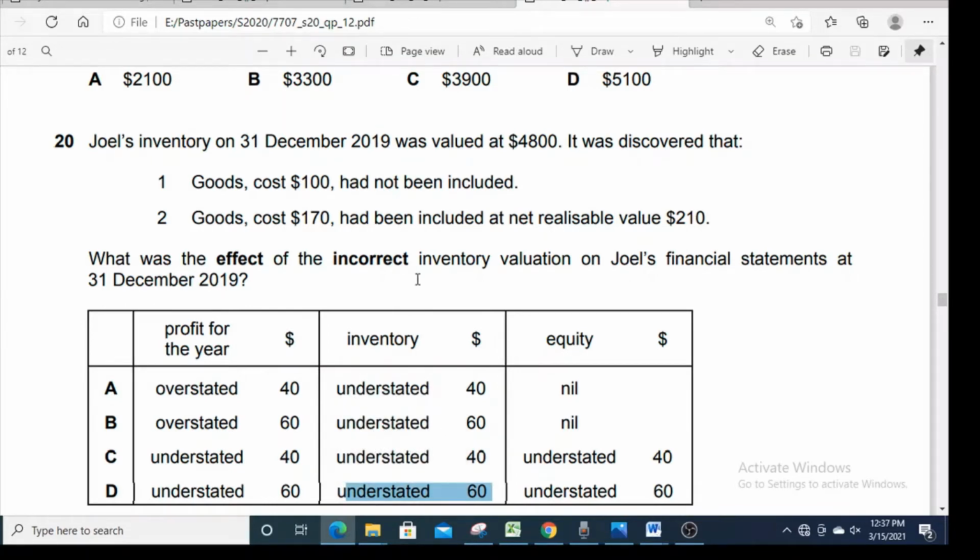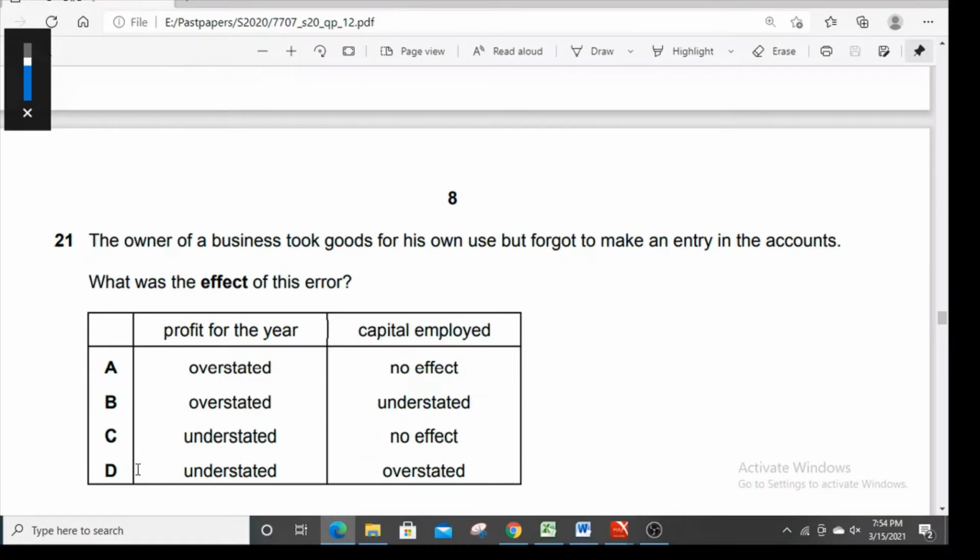That is, if closing inventory is understated, profit for the year is understated with the same. So profit for the year is also understated with 60. Now, impact of profit for the year on equity. As profit for the year is added to equity, if profit for the year is understated, equity is also understated. So the correct option is option D, where all three items are understated.